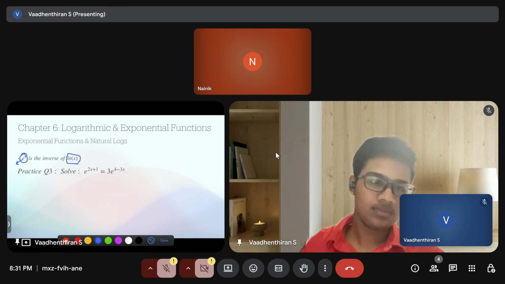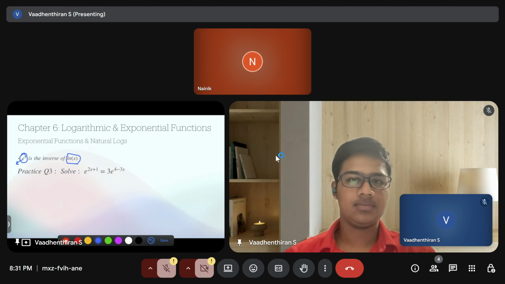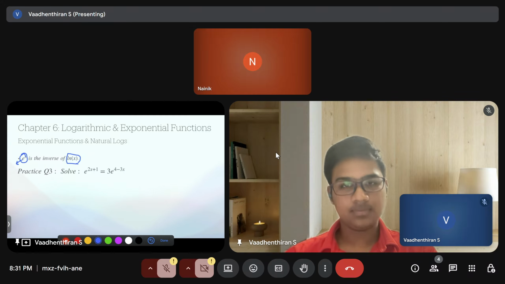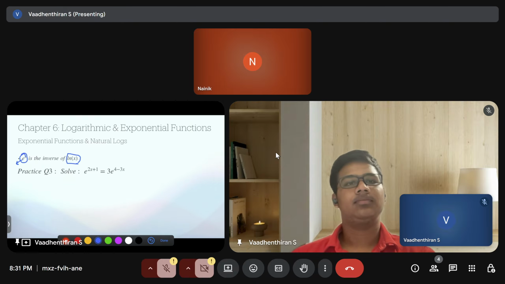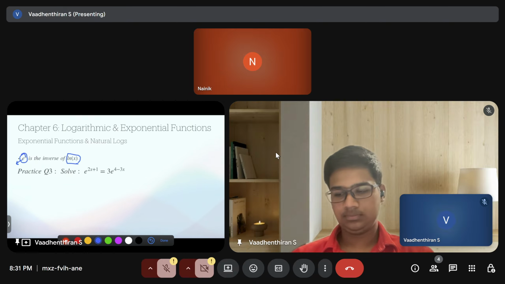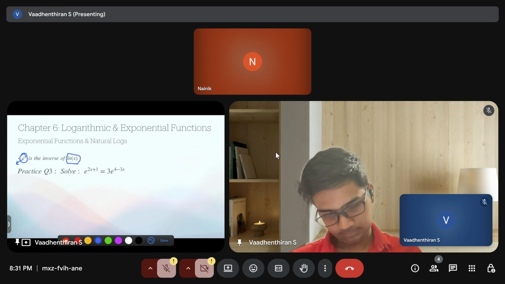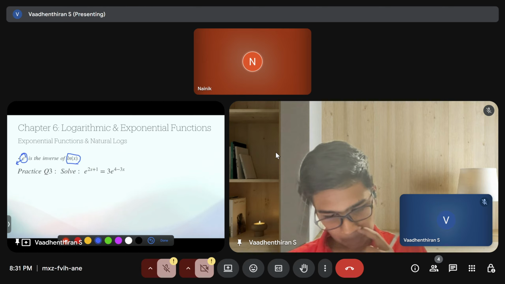So it's e to the power 2x plus 1 is equal to 3 e to the power 4 minus 3x.